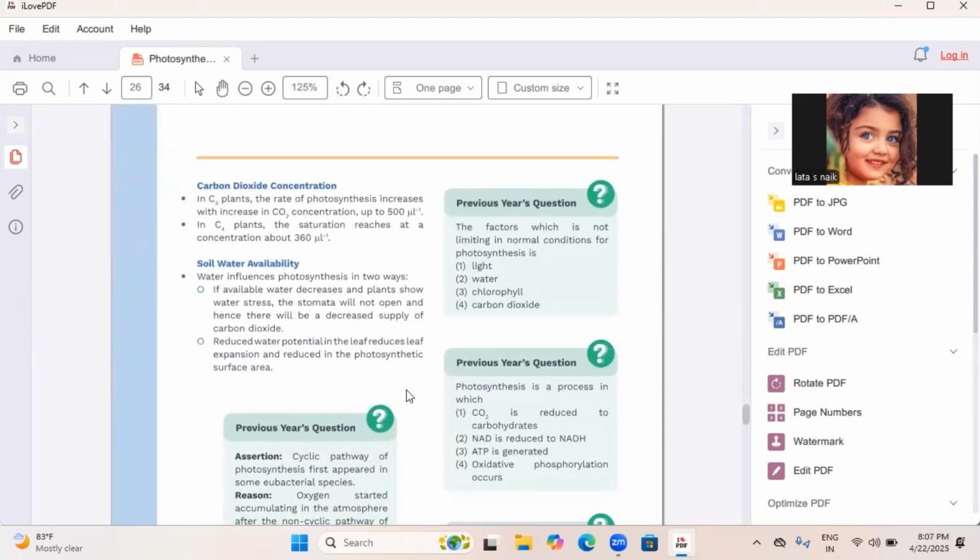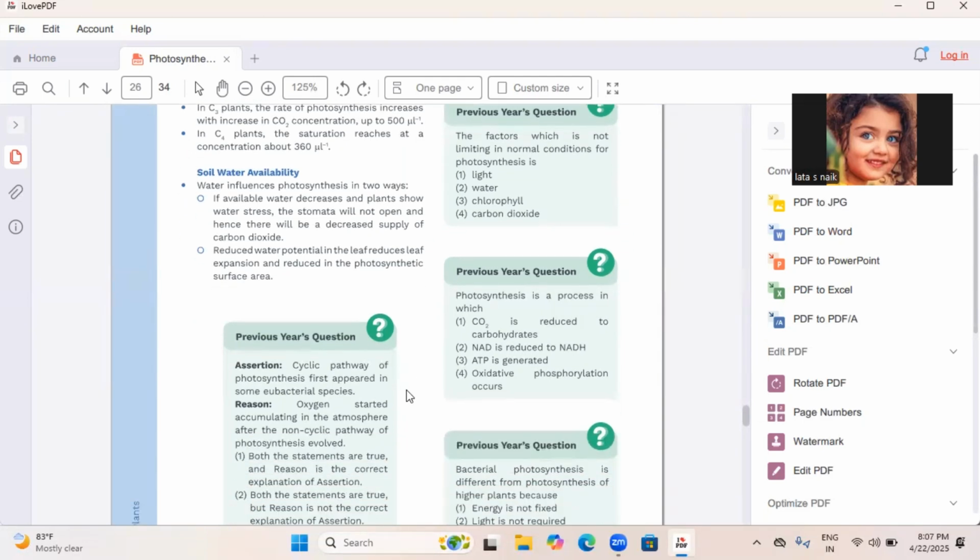Carbon dioxide concentration: in C3 plants, the rate of photosynthesis increases with increase in carbon dioxide concentration up to 500 microliter. In C4 plants, saturation is reached at a concentration of about 360 microliter. Soil water availability: water influences photosynthesis in two ways.